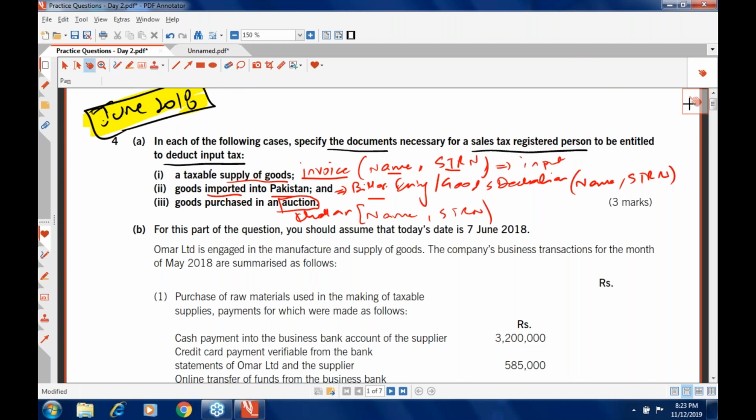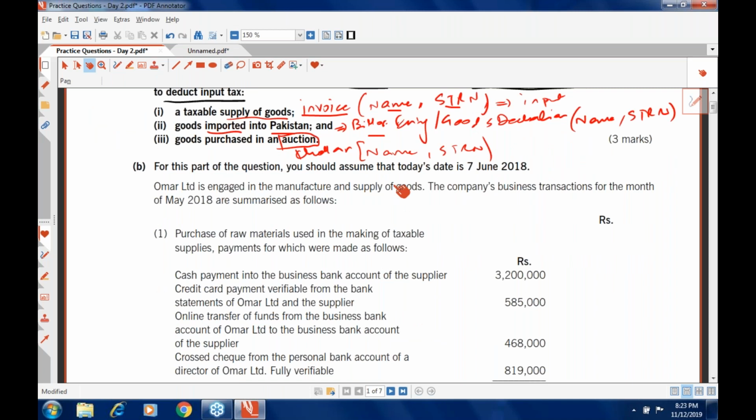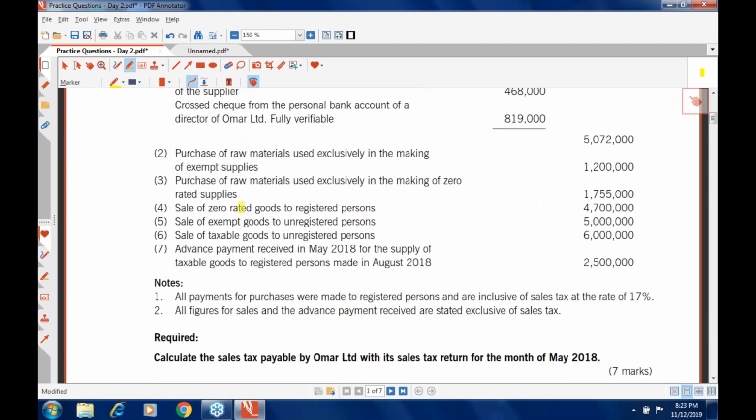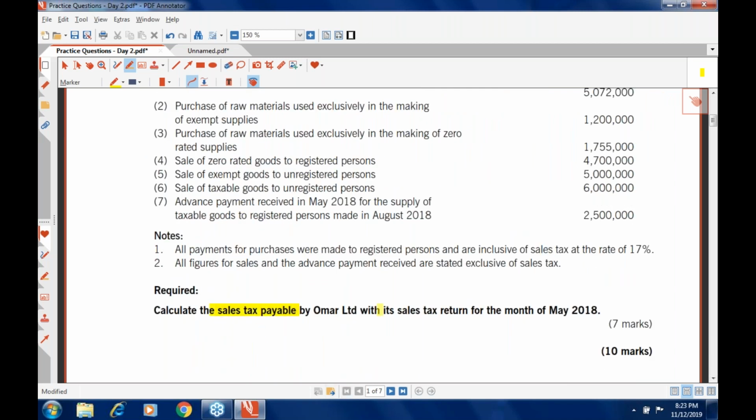Now let's move a bit forward and try to understand the second part. It says, for this part of the question, you should assume that today's date is 7th of June 2018. And it says to calculate the sales tax payable by Umar Limited with its sales tax return for the month of May 18.